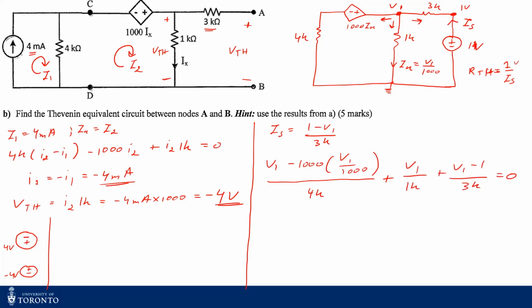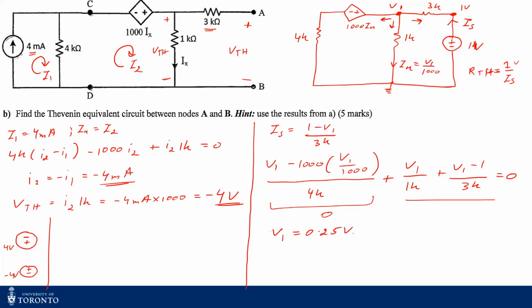Once I simplify, because I have only V1 in the equation, this part will just be 0 because these cancel each other out. So I just end up with this part of the equation, and once I simplify it, I get my V1 to be 0.25 volts.